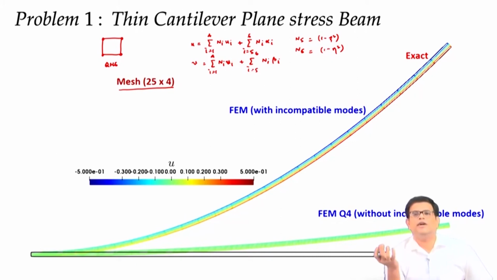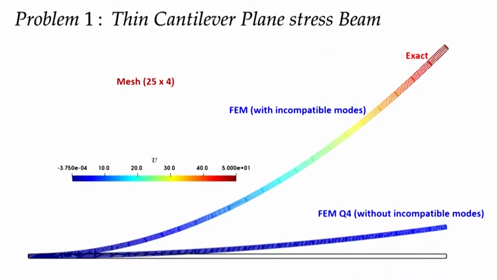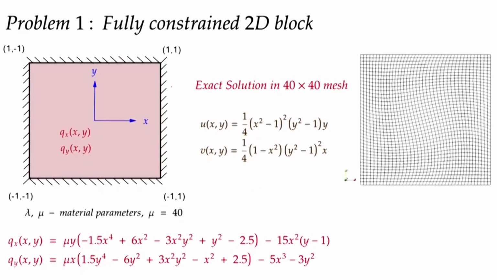So this is the advantage of using incompatible mode. Similarly, the V displacement also matches almost exactly with the finite element solution, and the analytical or exact solution matches exactly. So this is the main advantage of using incompatible mode.